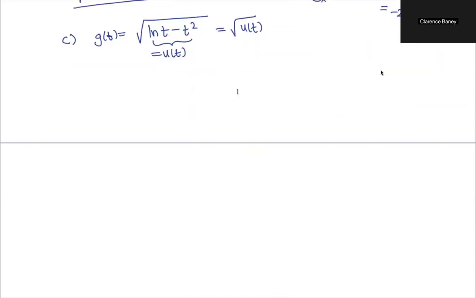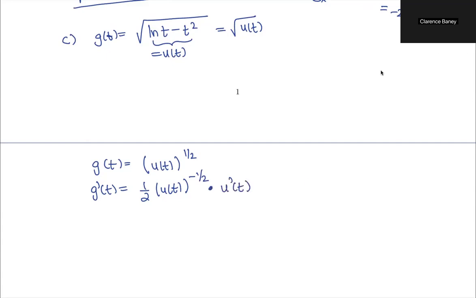So when I do g prime of t then, before I do g prime of t, let's rewrite g of t as u of t to the 1/2. So we're going to have to do the chain rule on this. So g prime of t is going to equal 1/2 u of t to the negative 1/2 using the power rule, and then multiplied by u prime of t.